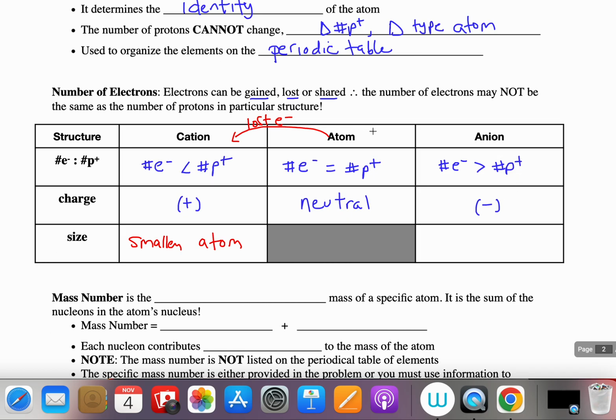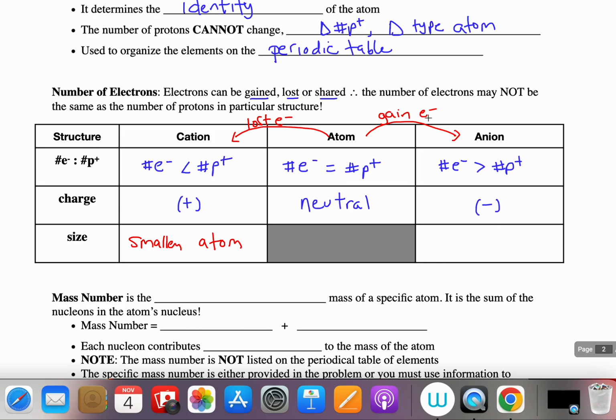The way that an atom forms an anion is its number of protons remains exactly the same, but it gained one or more electrons, and as a result forms a structure whose net charge is negative.